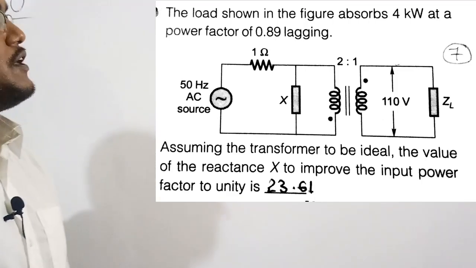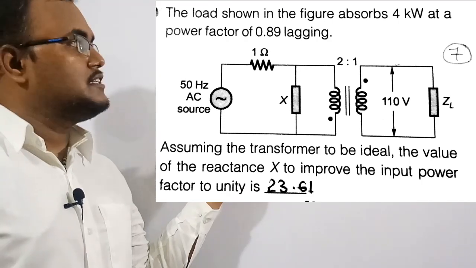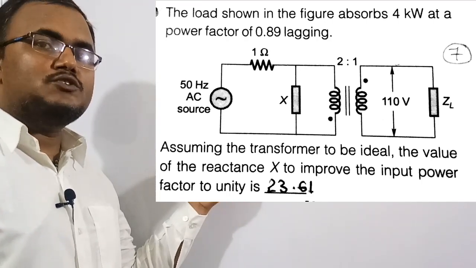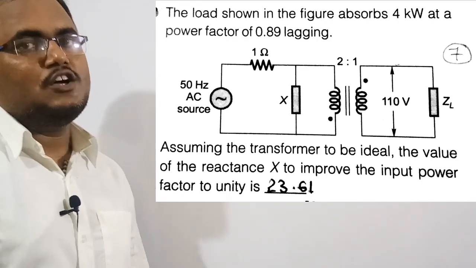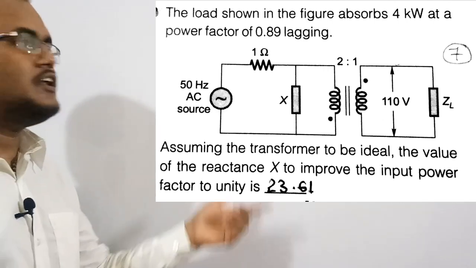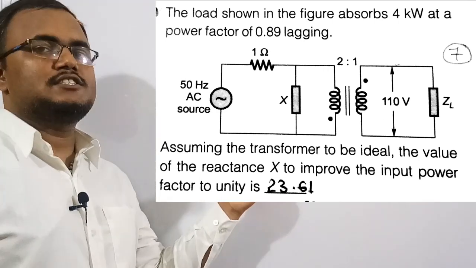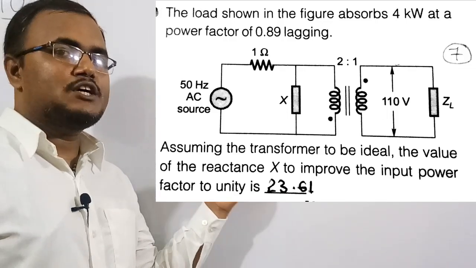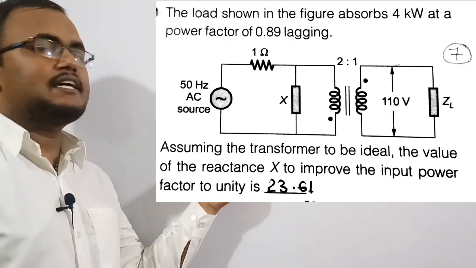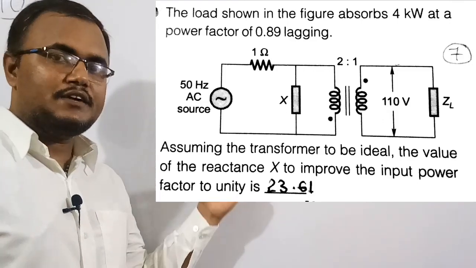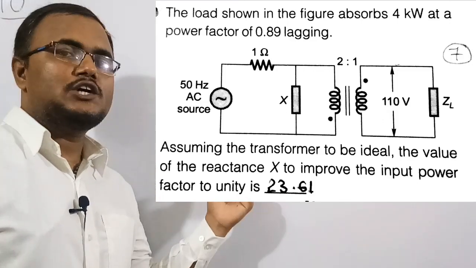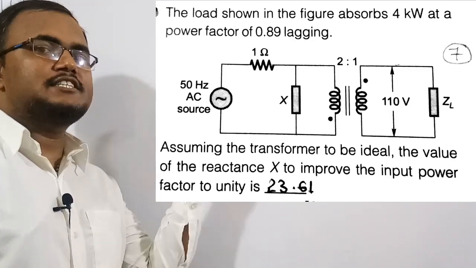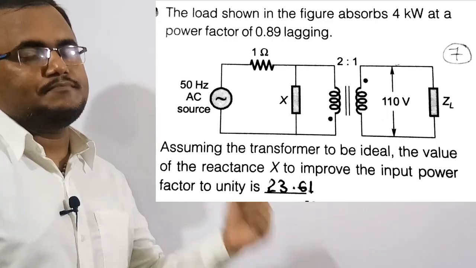Only then can we say that the whole circuit from the input side has unity power factor. So we need to figure out the reactance value so that the input current and input voltage are in phase, and the whole circuit appears to the input side as a pure resistive load.